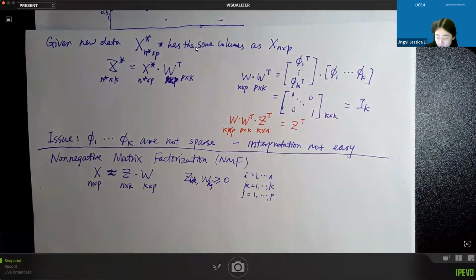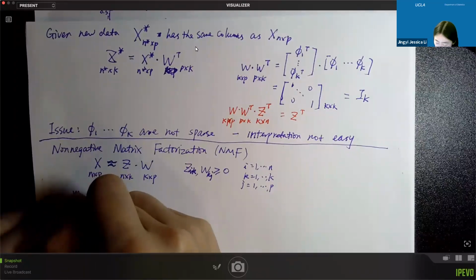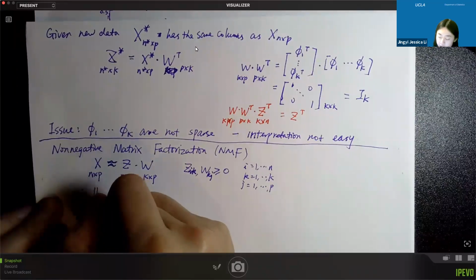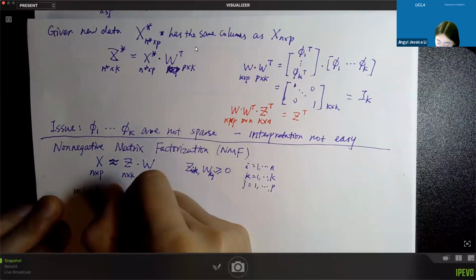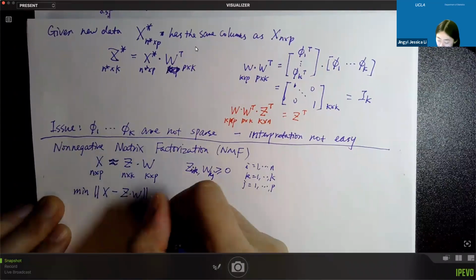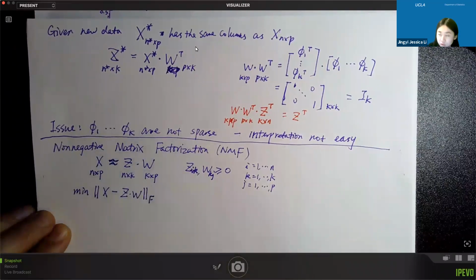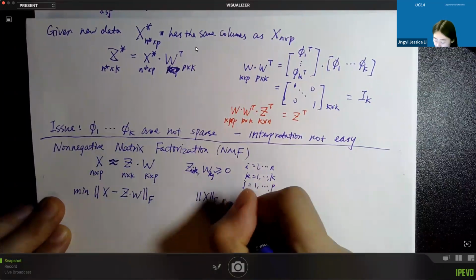So we want all the entries to be non-negative. That's the constraint. Therefore, the optimization problem becomes trying to find the minimum of this loss function. We write X minus Z times W, and this norm is a matrix norm. We call this the Frobenius norm. If I have a matrix X, it's sometimes called the F norm.